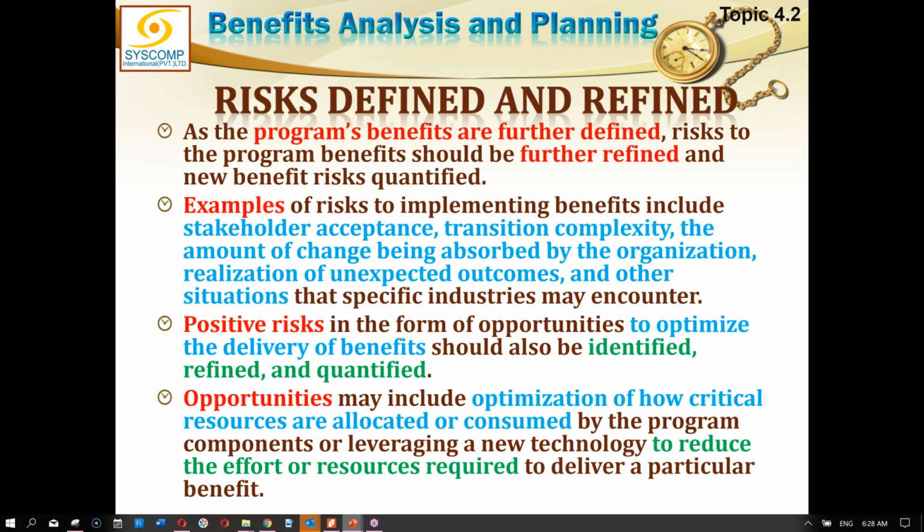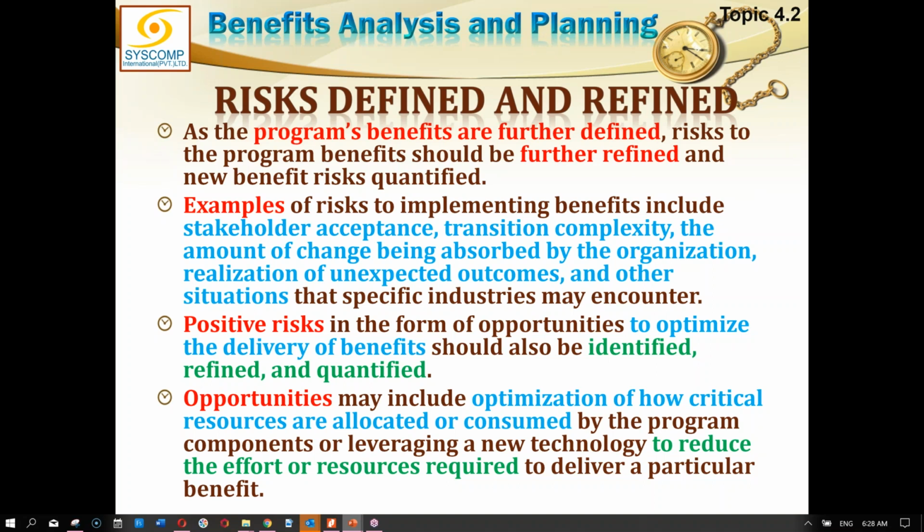And that is why you have to identify all those risks which could affect your benefits negatively or positively. Examples of risks to implementing benefits include stakeholder acceptance, transition complexity, the amount of change being absorbed by the organization, realization of unexpected outcomes, and other situations.